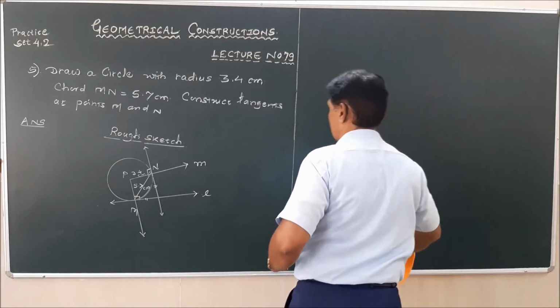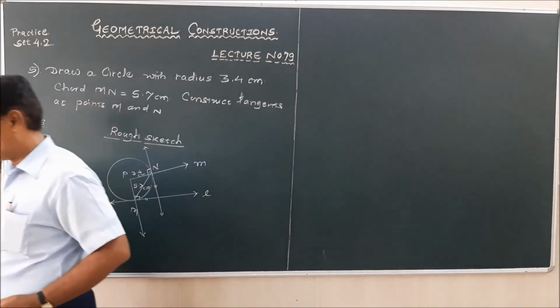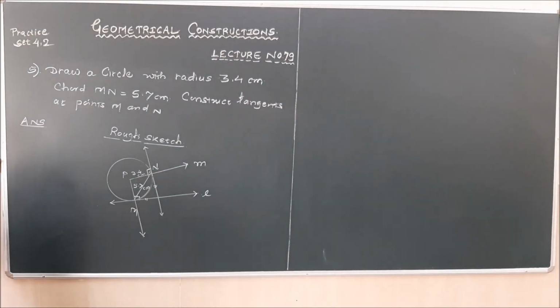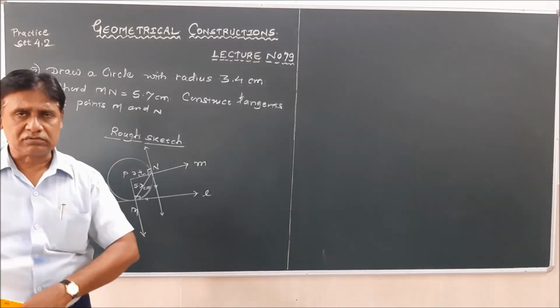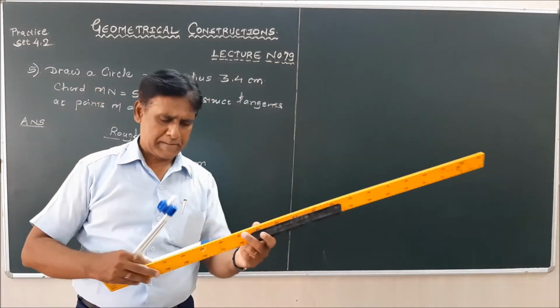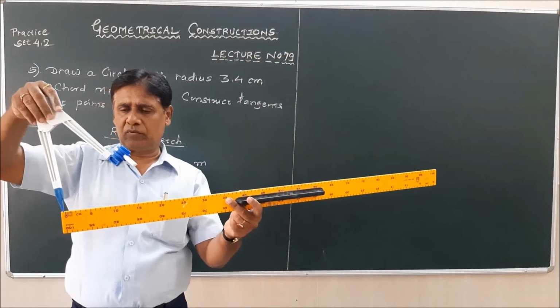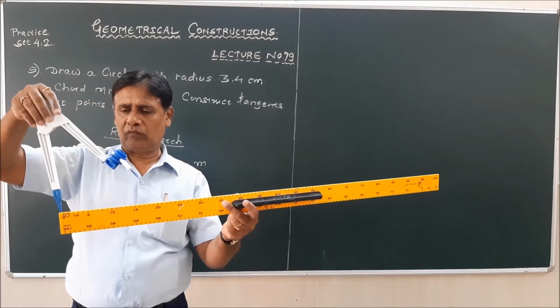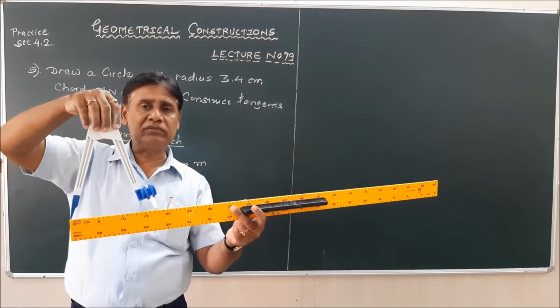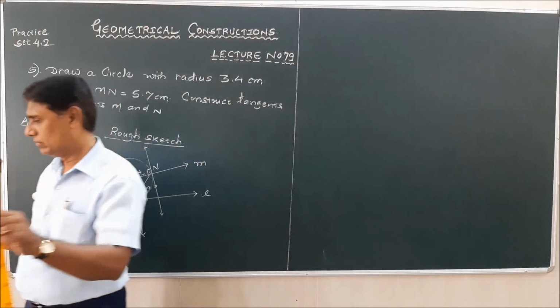First step is to draw a circle with center P, and the radius of the circle is 3.4. Dear students, once again, placing the meter point at 0, very important thing, and from there you have to take 3.4.